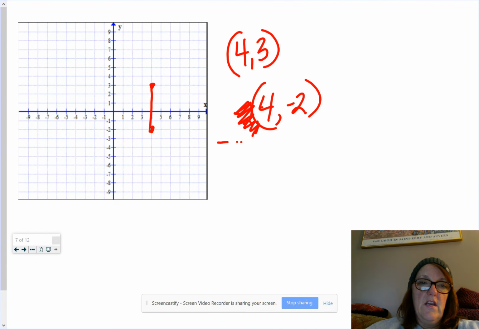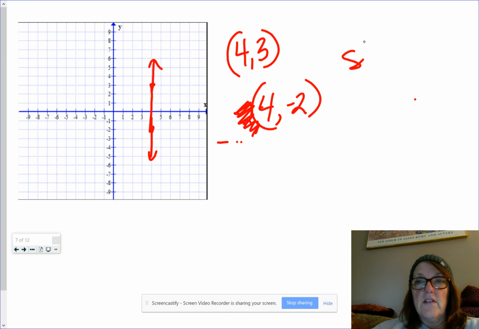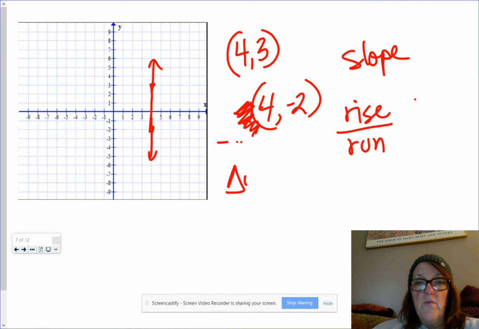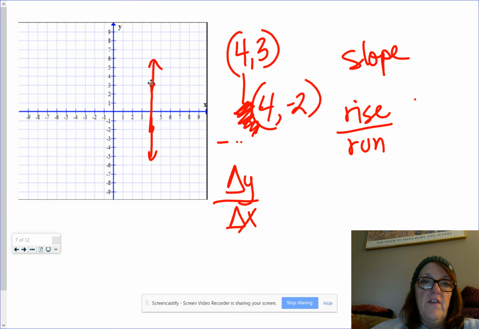Connect these guys. Again, to find the slope of this line segment, you have to find the rise over the run, the change in your y value over the change in your x value. So, if I start here at this point, my rise is actually 1, 2, 3, 4, 5, 6.